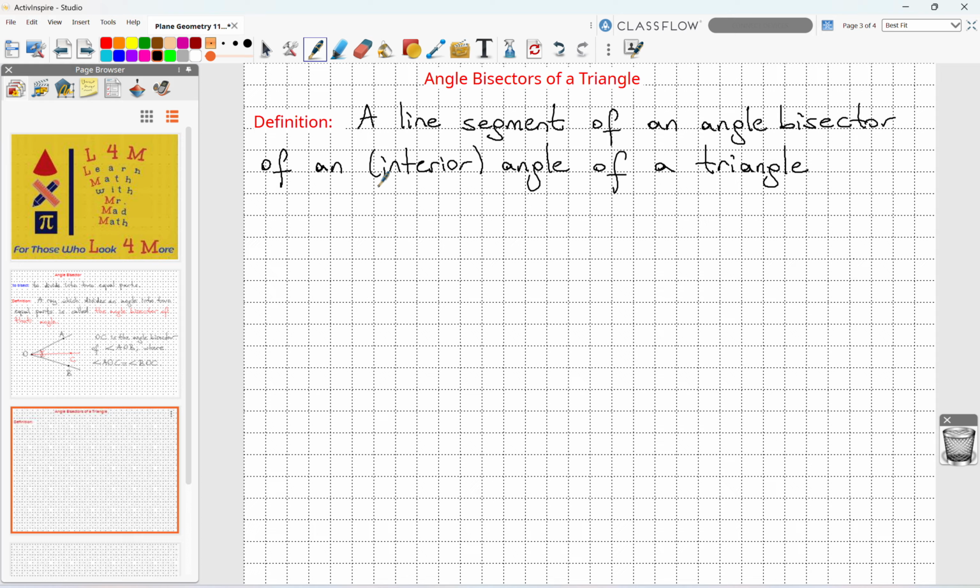I'm writing it only this time. This is the first time, I think, we are talking about an angle of a triangle. When I just say angle of a triangle, we should always understand interior angles.